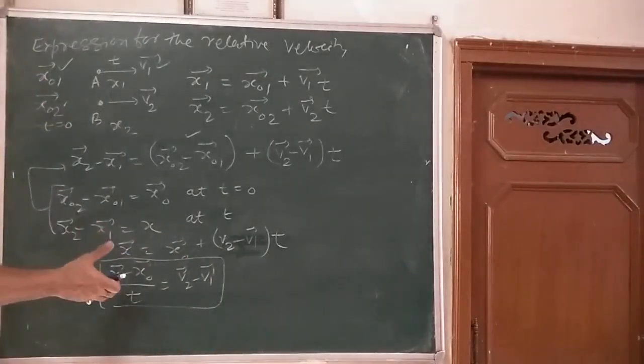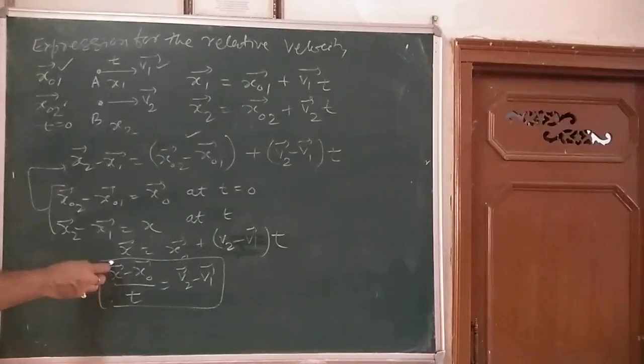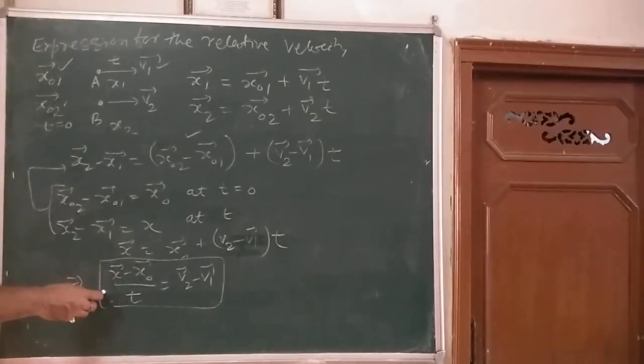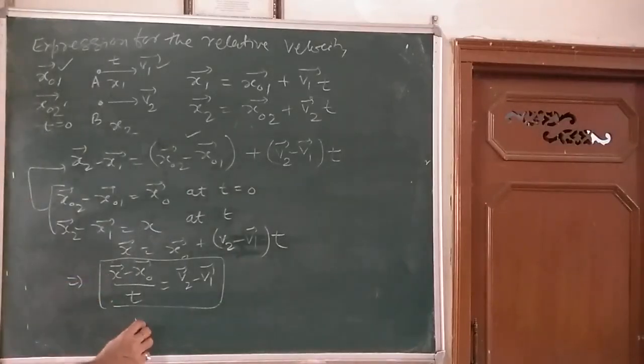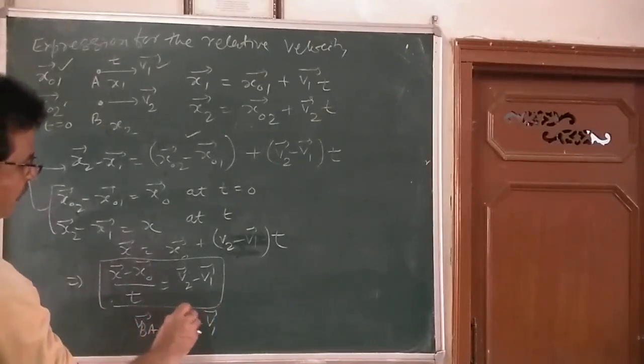So you can see this LHS of this equation gives the time rate of change of position of object B with respect to the position of object A. This is the relative velocity of object B with respect to object A. So I can say this is VBA, the velocity of B with respect to A. This is equal to V2 minus V1.